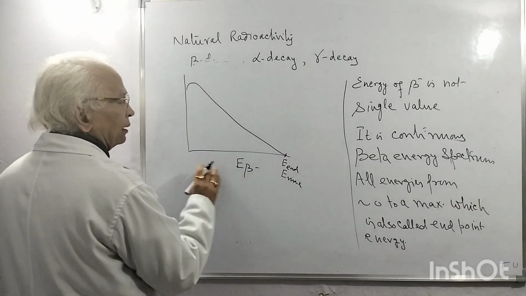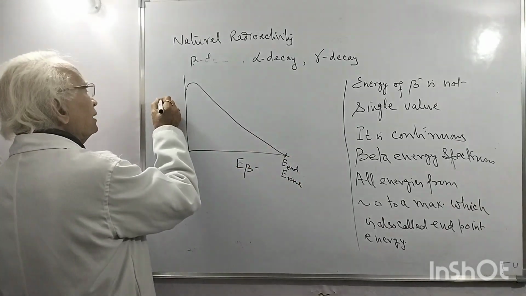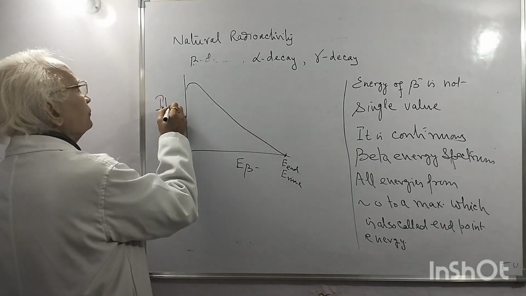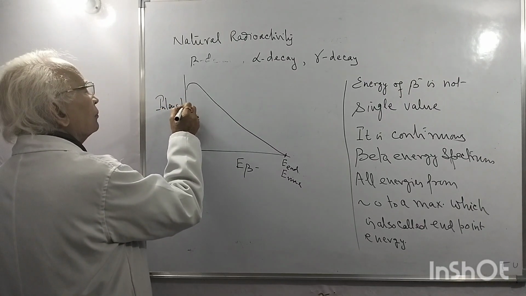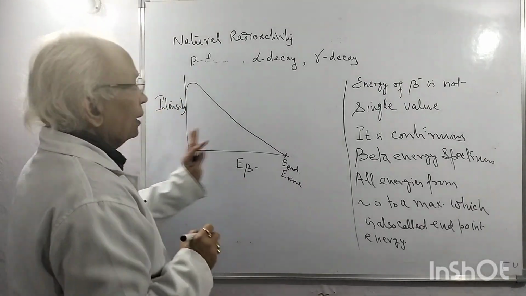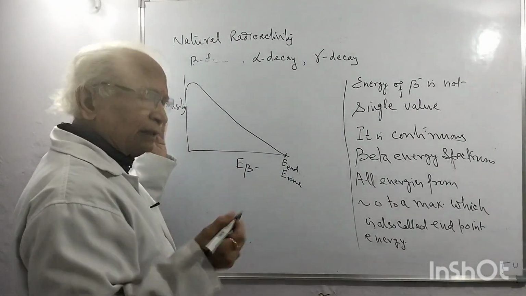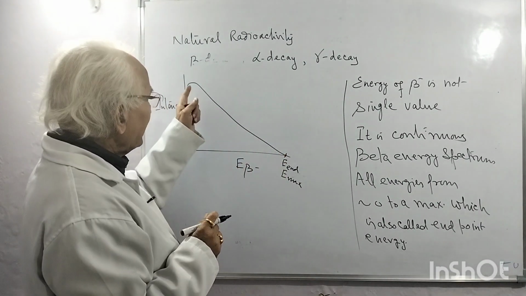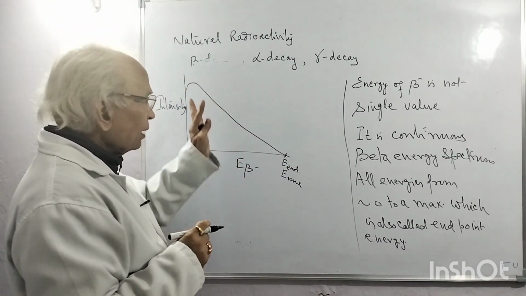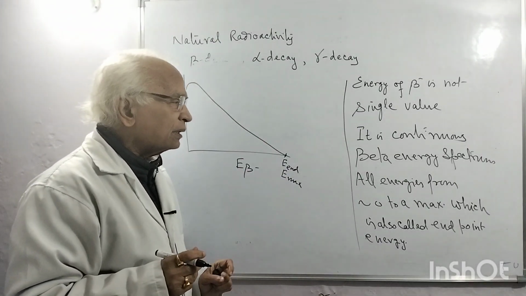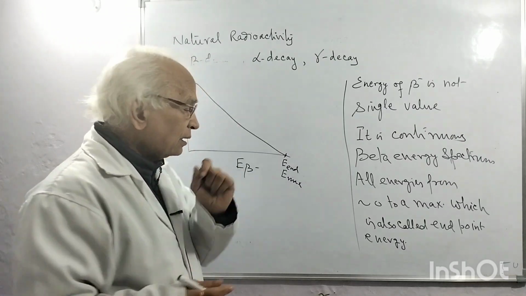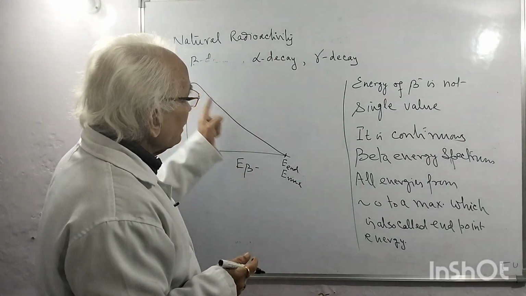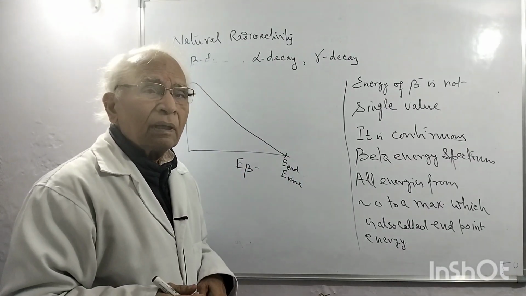This is the energy and this is, you can say, intensity, or number of particles. Intensity means number of particles. So this means the spectrum is continuous. All beta energies are possible, not only one beta energy. So remember that beta energy is continuous.